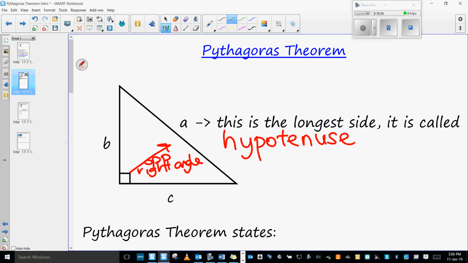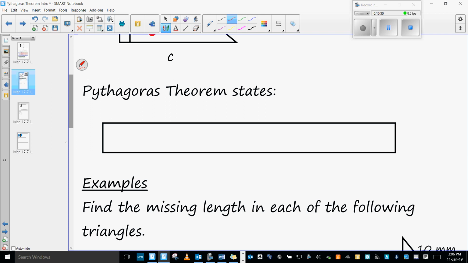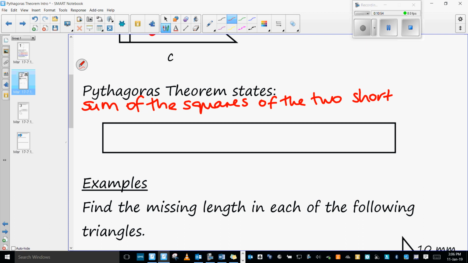So, Pythagoras' theorem, as it says here, states that the sum, when I say sum, what do I mean when I'm doing something? I'm summing it. The sum of the squares of the two shorter sides is equal to the square of the hypotenuse.